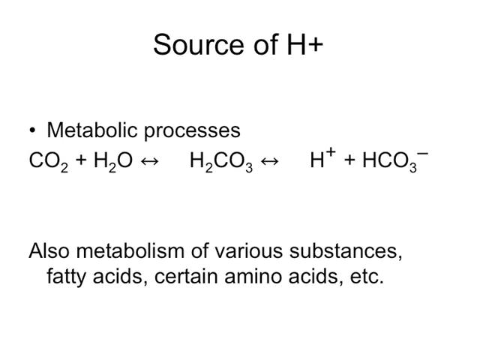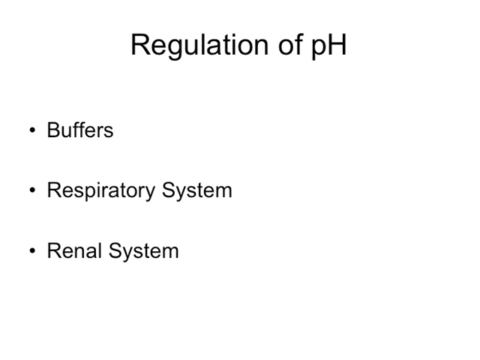So our problem is that we make acid and we must keep our acid-base balance between those levels of 7.35 and 7.45 in order to maintain homeostasis.